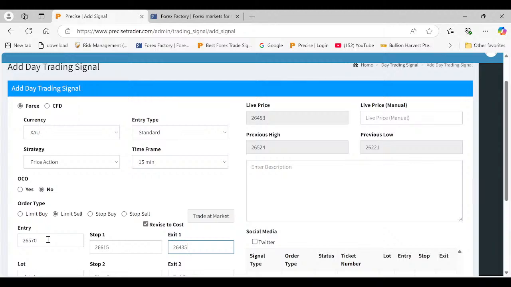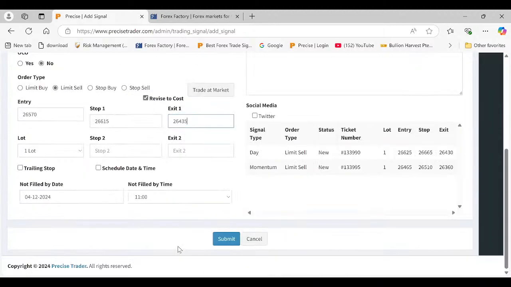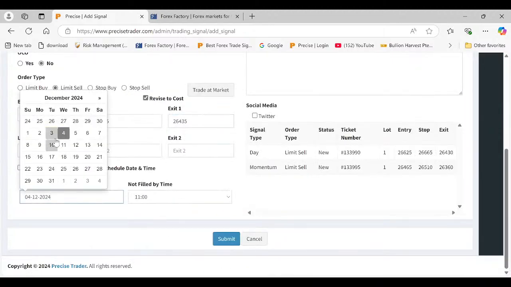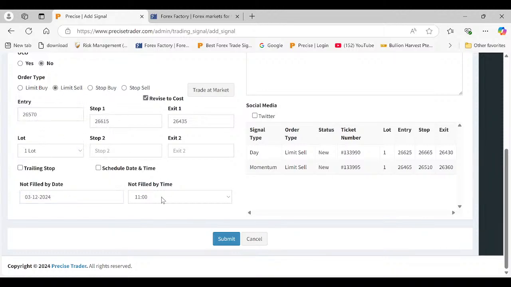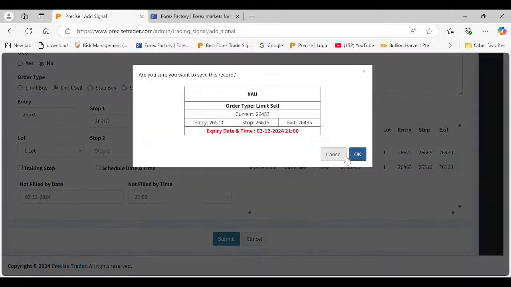We'll try to exit at 43 and a half, and this one we will put an expiry until 2100 hours, when the new time belt comes into play.